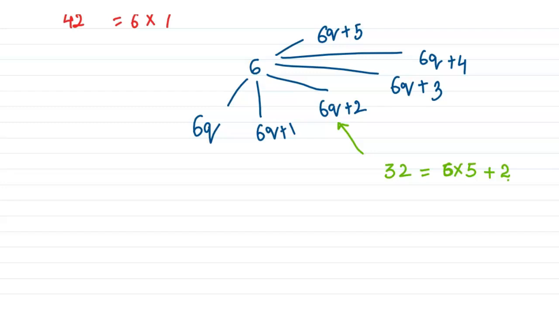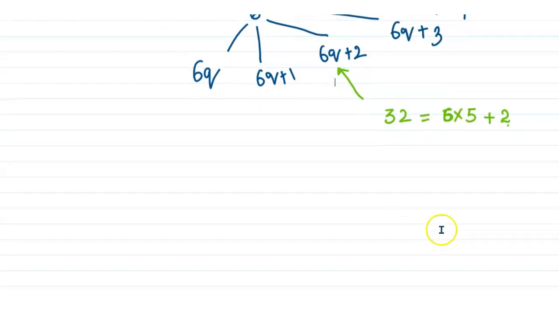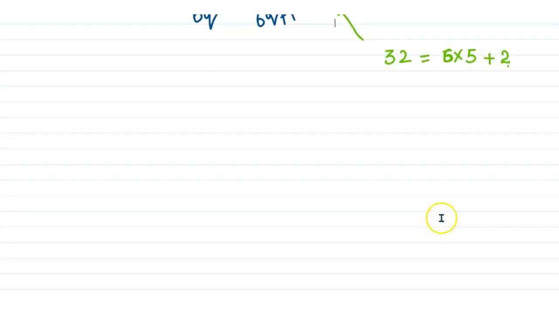So now let's sum it up. You can play with all other numbers. You can take any other number as a divisor and discover their forms. Let's sum it up. If A is the dividend and B is the divisor, we can either get a multiple of B, or we can get a remainder.